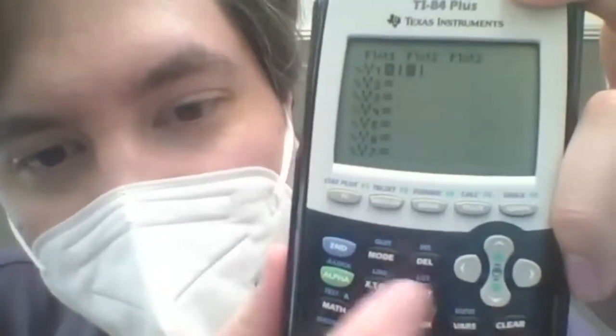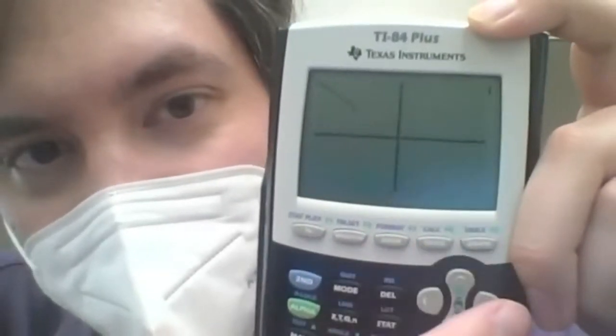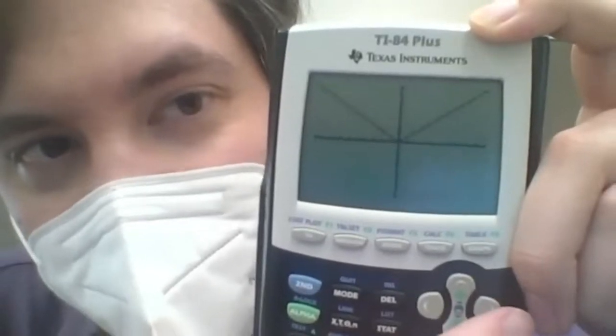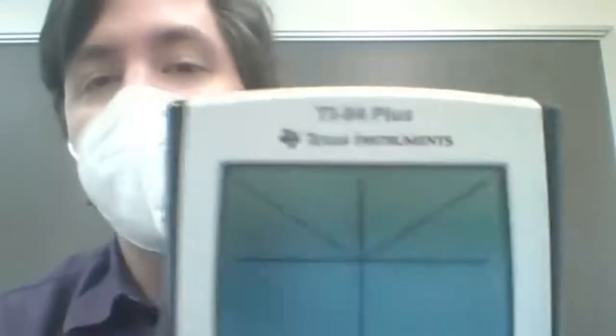So if you push enter, it'll pick that, and you see there it's got the absolute value lines, how you'd write it. You put X in there. That'll be the parent function. We can graph that just by itself. There, as promised, there's the V-shaped graph that is absolute value in all its glory.